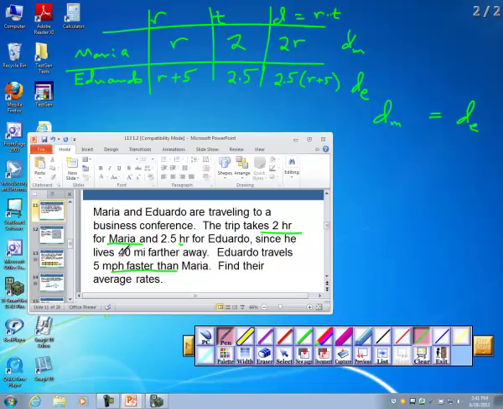We do know that Eduardo lives 40 miles further away. So in order to get both sides to balance, where would we have to add the 40? To the Eduardo side or the Maria side?